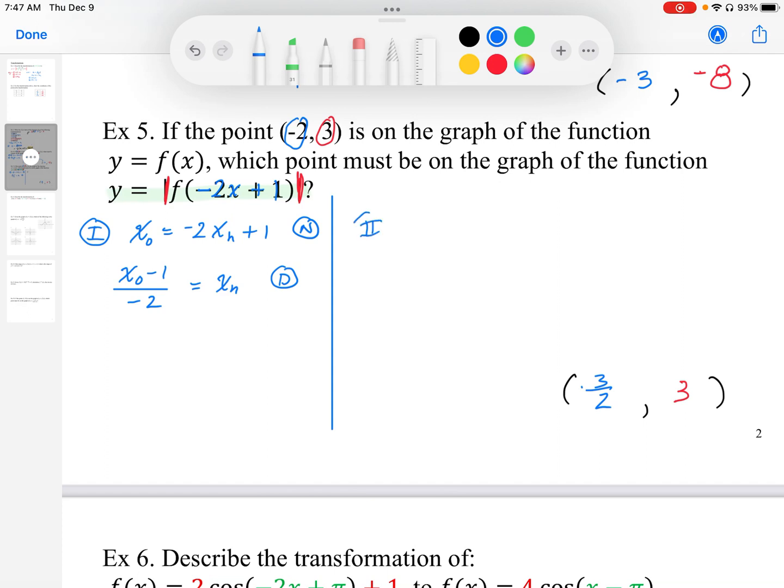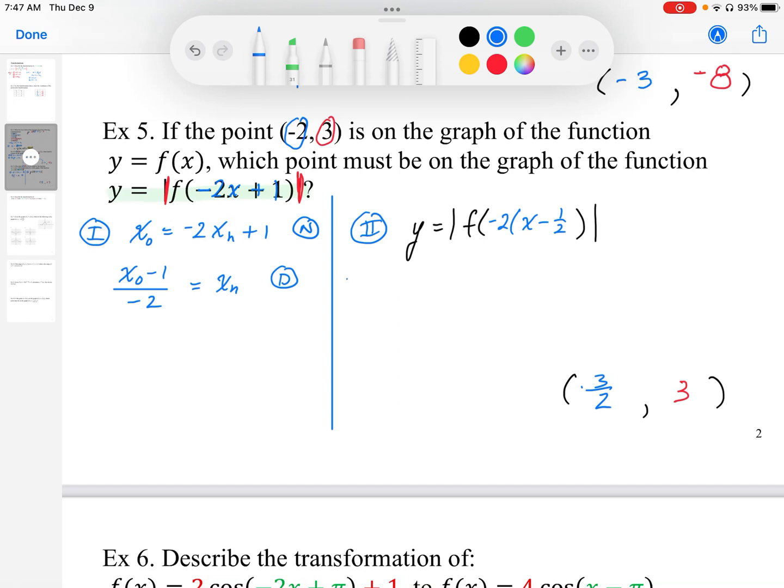An alternative, again, would be to put it into factored form. If I were to put this into factored form, I'd factor the -2 out, and I'm going to end up with x minus 1/2. So this is an expansion or compression first, shift last.